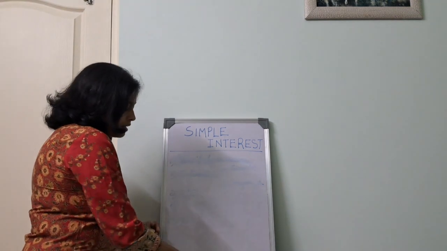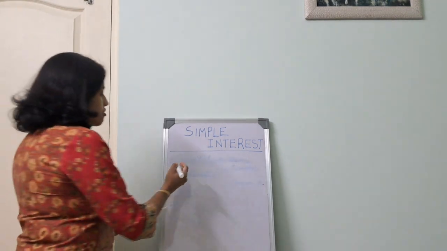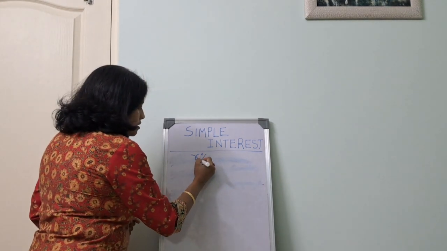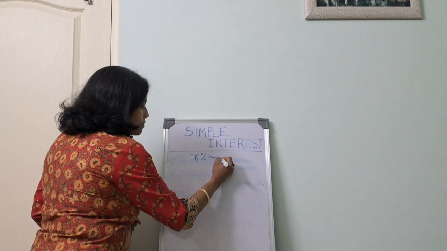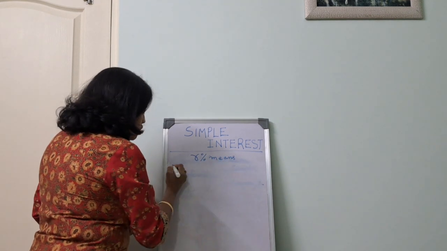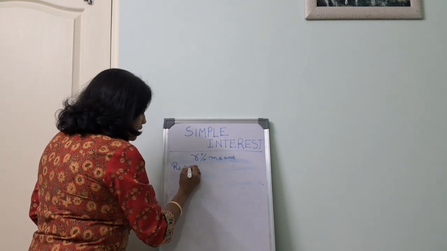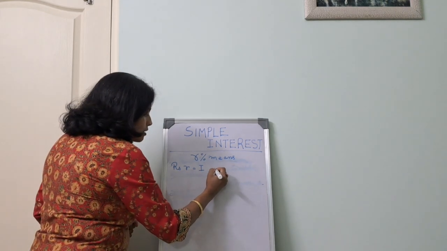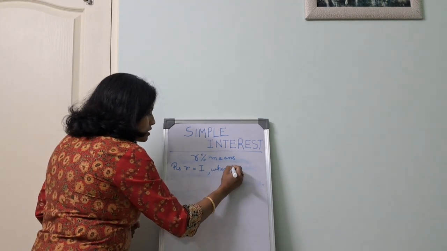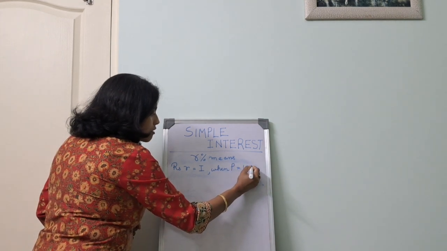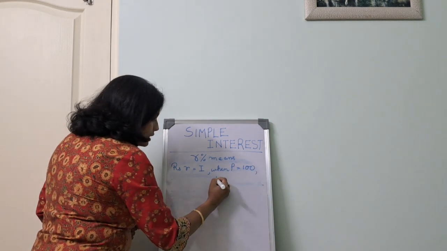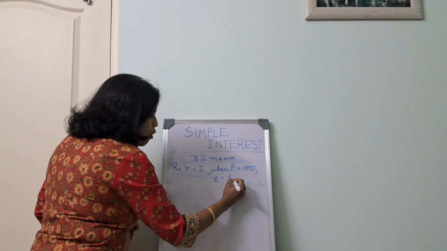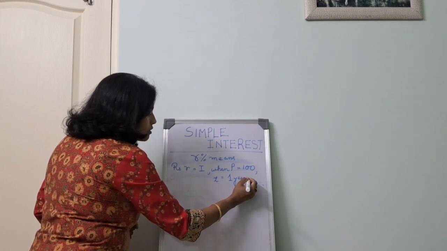So I said that rate of interest R% means rupees R is equal to the interest when principal is equal to 100 rupees and time is equal to 1 year, right?